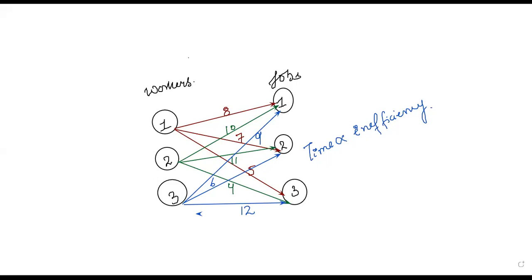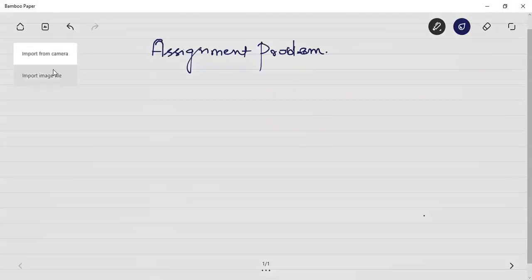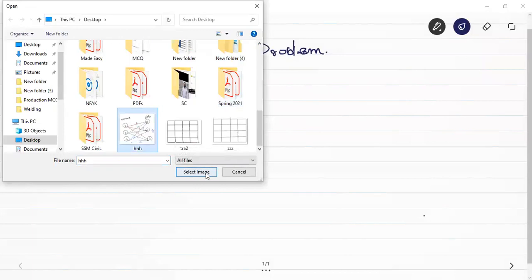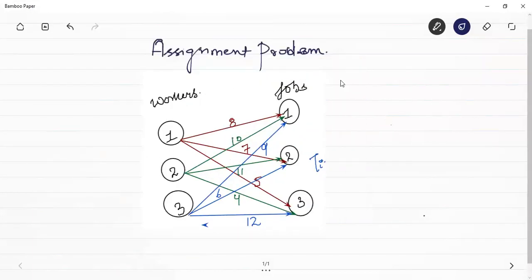So let us first of all define this problem. It is again a case of a linear programming problem.